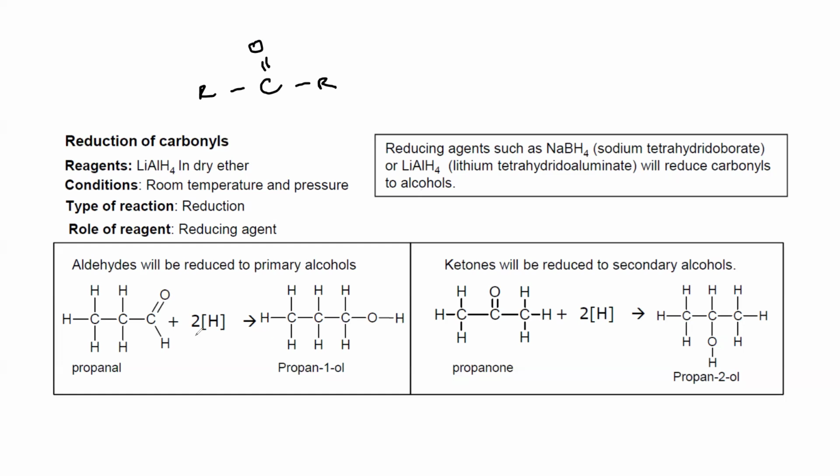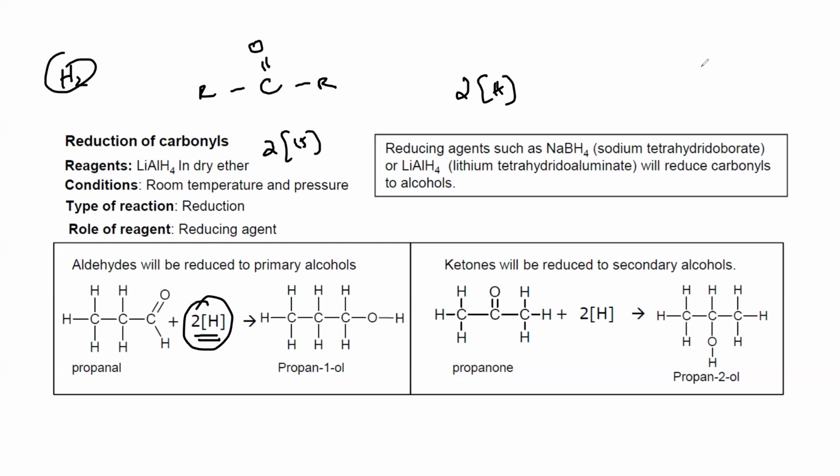Note there's a difference between writing H2 and 2H. We are not using hydrogen in the reaction; we are using a reducing agent. When the hydrogen is coming from the reducing agent, we call it nascent hydrogen. That's why it is written 2H like this.